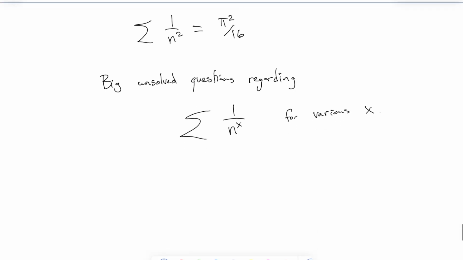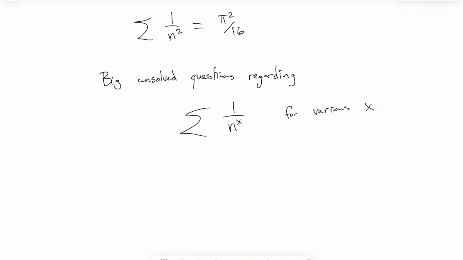And if you poll the other math faculty and ask people, what's the most important unsolved problem in mathematics today? I think generally people will say it is the Riemann hypothesis. The Riemann hypothesis is a specific question which has existed since the time of Riemann, in the late 1800s, and he posed a very specific question about, can you calculate this series for various x's?